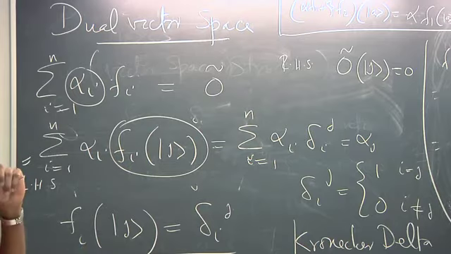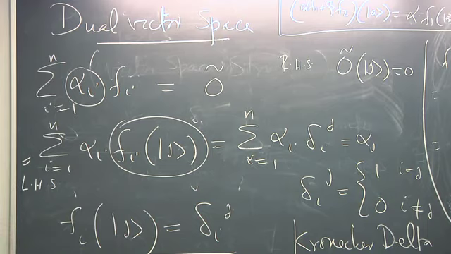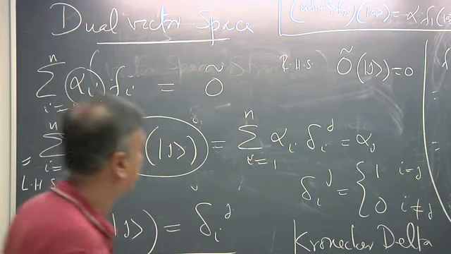So this S tilde is what is called the dual vector space. Given a vector space S, there is always a dual. You can always construct a dual vector space S tilde, which is just the set of all linear functions.